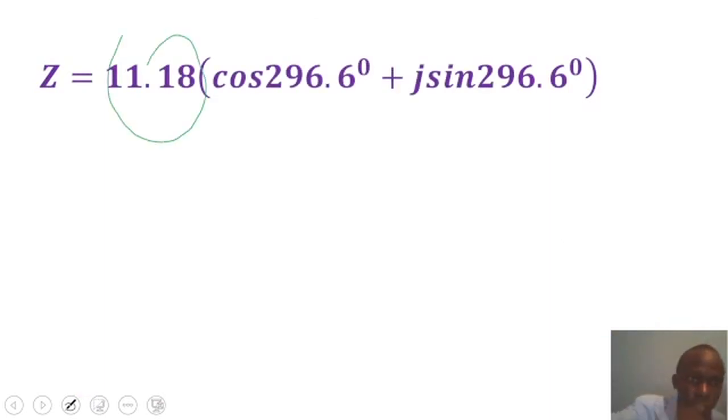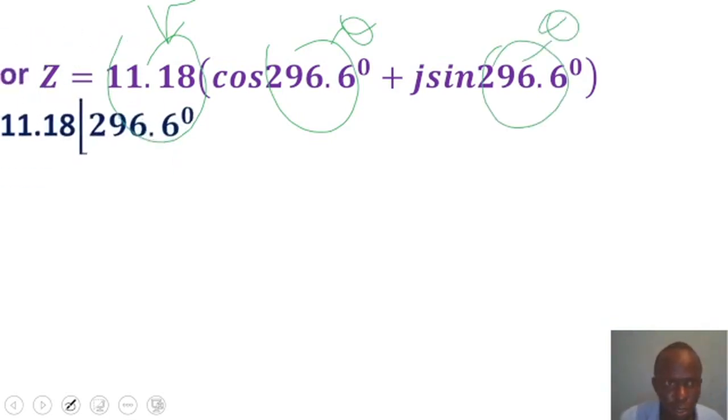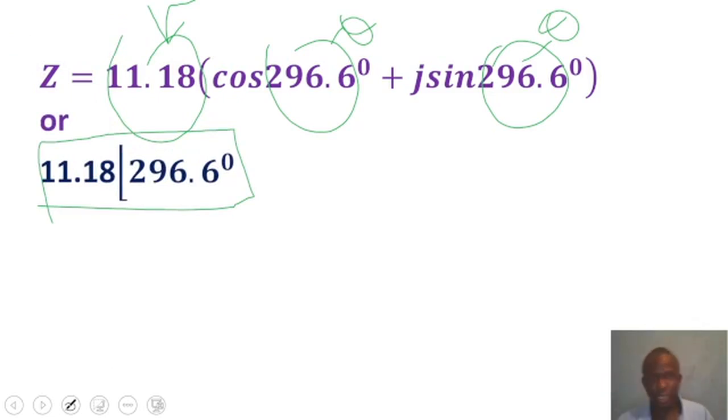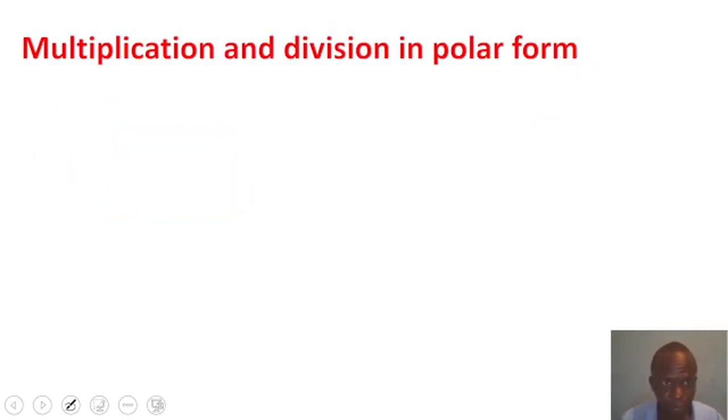This is the r, this is the argument or theta. It can also be represented simply as 11.18 and 296.6 degrees. Okay, let us proceed.